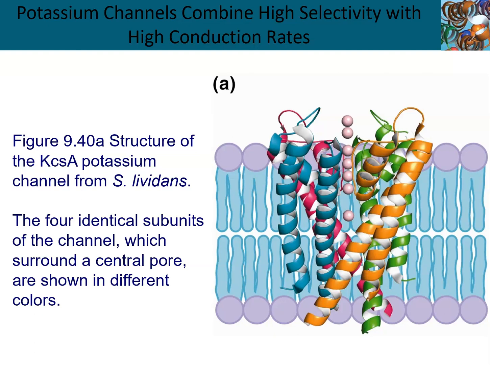This is just a simple visualization of a potassium channel, which gives you high selectivity and high conduction for potassium specifically. And you have 4 identical subunits, so you only need 1 gene to make this protein. It's relatively small. You make 4 of them, they come together and make this channel with their neat transmembrane alpha helical sections.